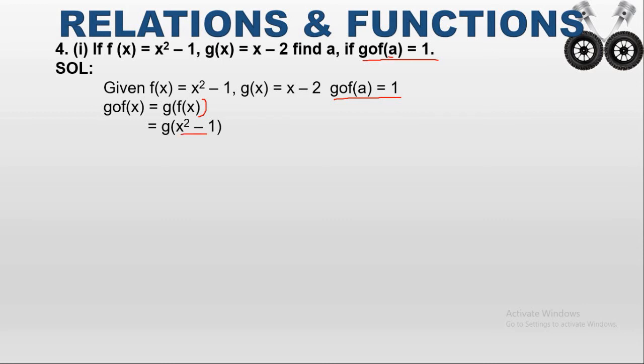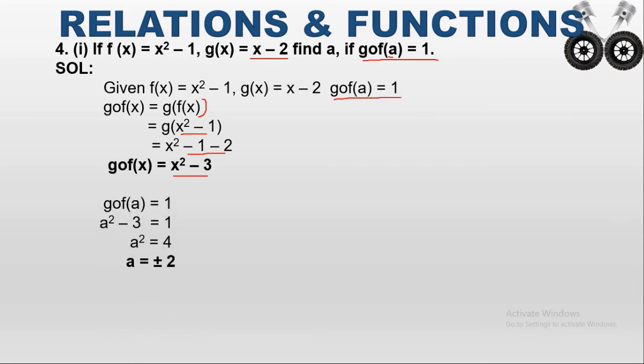So that can be written as g of x square minus 1. Wherever x is in g of x, you substitute x square minus 1. So it can be written as x square minus 1 minus 2. Minus 1 and minus 2 become minus 3. So g composition f of x equals x square minus 3.